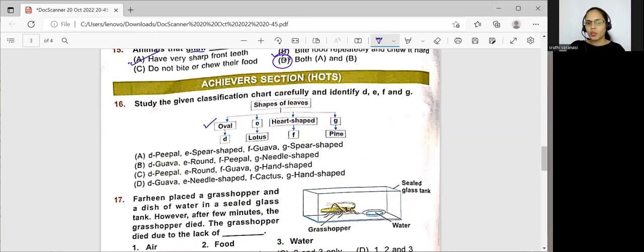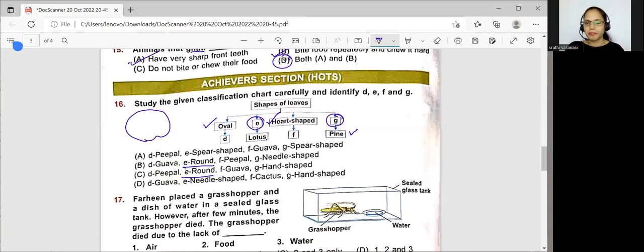See, there are oval shaped leaves, heart shaped leaves. Example of E-shaped leaf is lotus. Example of G-shaped leaf is pine. We know lotus leaves will be like this, right? What is this? A round shape. So see where E is labeled as round. Yes, in B and C, they are telling E is labeled as round. So answer will be either B or C.